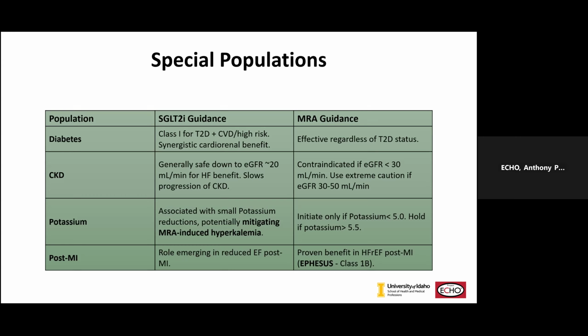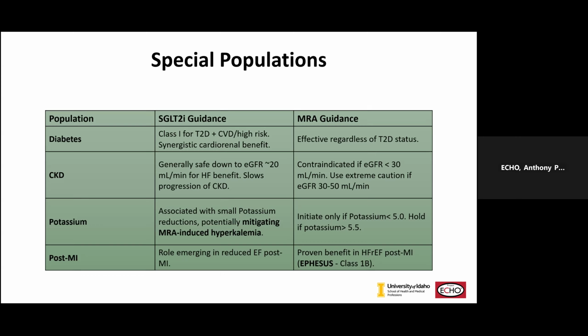In chronic kidney disease, generally safe down to 20 mL per minute of eGFR. It slows the progression of CKD. As a matter of fact, SGLT2s are this great quiver of one drug for like 3 or 4 different disease states. And you don't need to have everything together to have this. You could have just diabetes or you could have just CKD, and these medications are great for it.